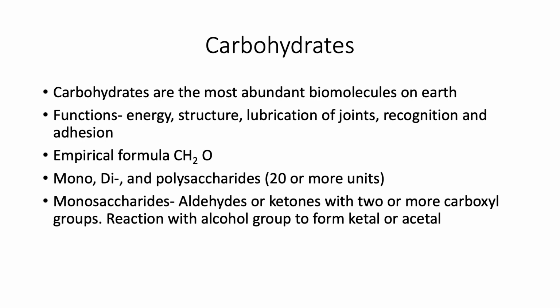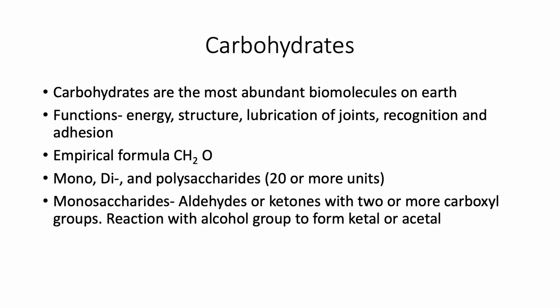There's a lot of overlap between those particular areas. They have multiple functions. They function as energy. They have structural components to them. They're involved in lubrication of joints, also recognition molecules and adhesion molecules as well.